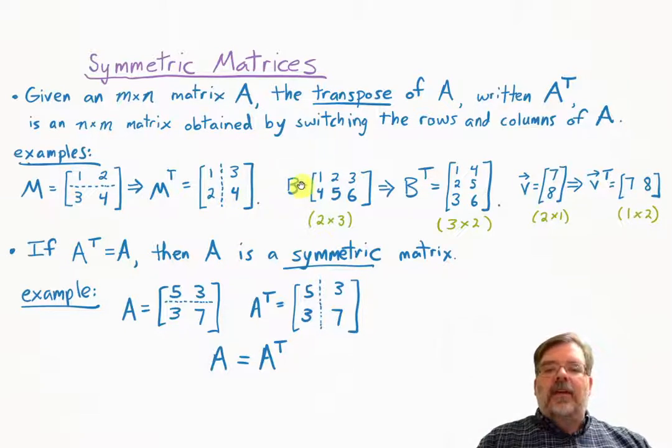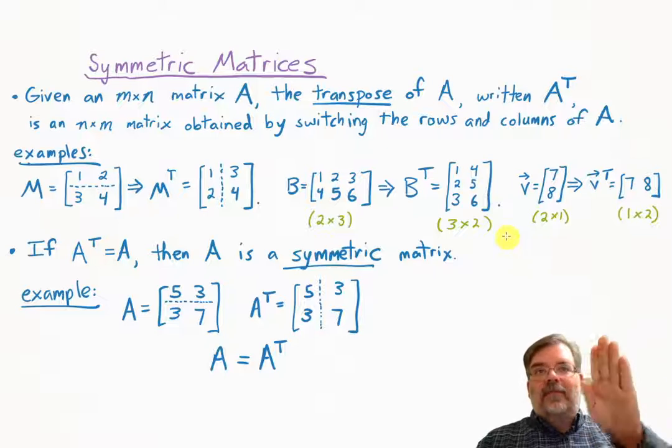Let's say we have a matrix B, which is a 2 by 3 matrix. The transpose of B will be a 3 by 2 matrix. That first row, 1, 2, 3, becomes the first column, 1, 2, 3. The second row, 4, 5, 6, becomes the second column, 4, 5, 6. It's kind of like turning a matrix, flipping it on its side.